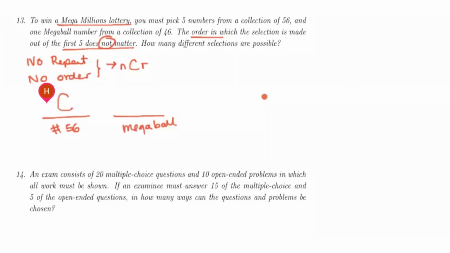So 56 combination 5 and the 1 number from 46. Then we multiply. Okay, 2 groups. So 56 combination 5 is 3,819,816 times 46.